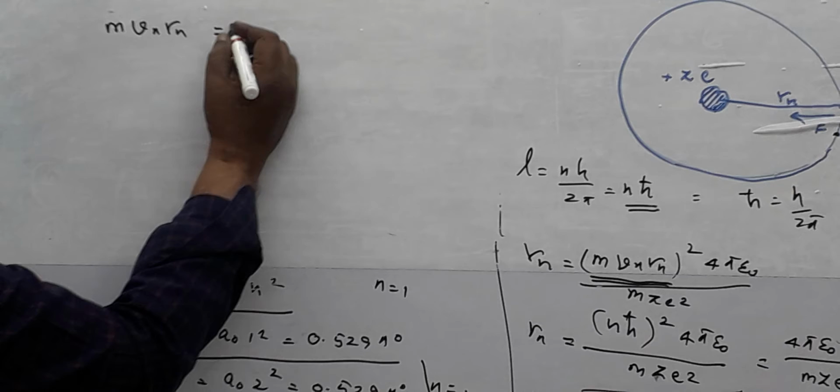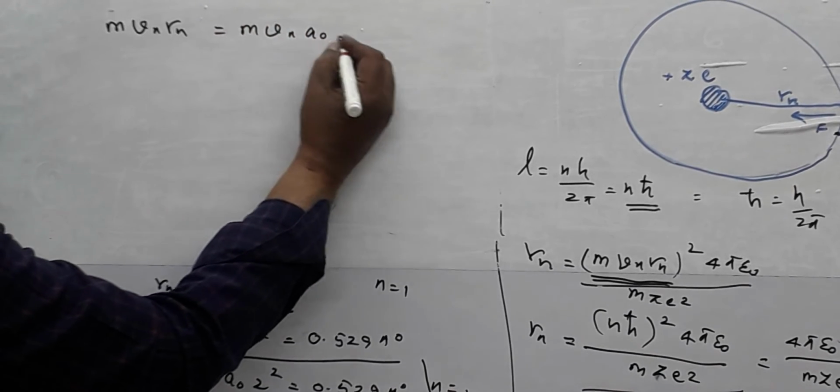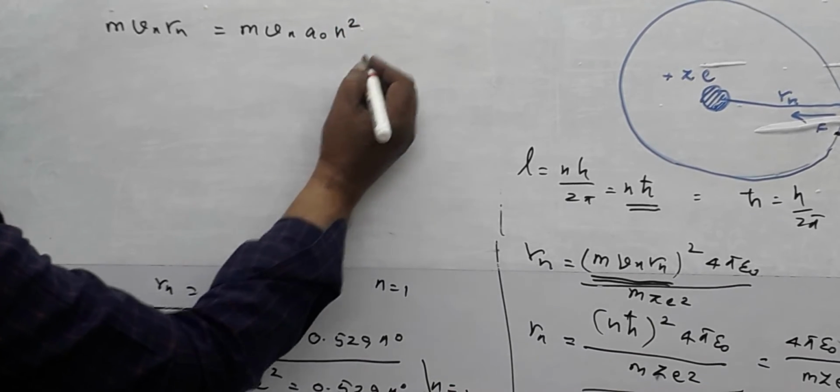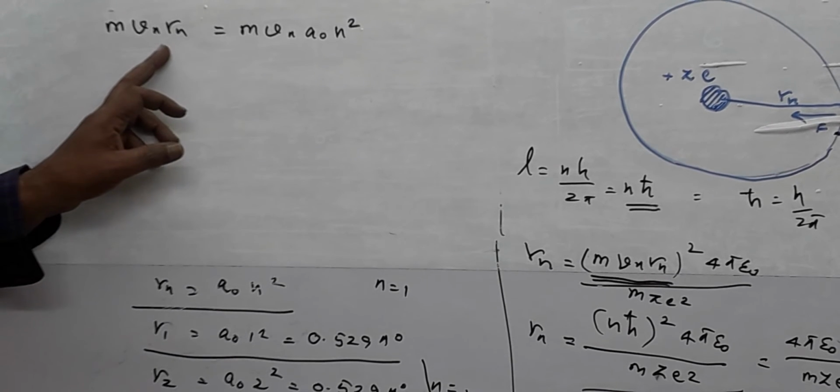Substitute this value, then mvn A0 n square. Are you clear? Right.